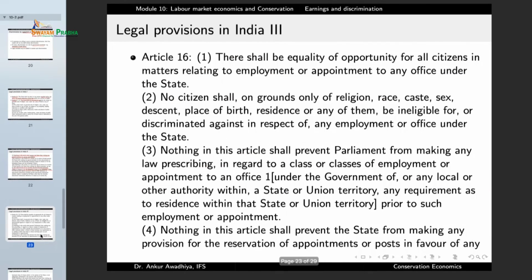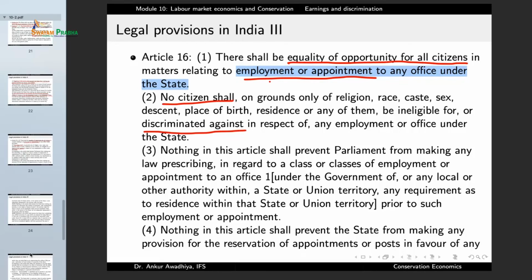The Constitution is also saying that there shall be an equality of opportunity for all the citizens in matters related to employment or appointment to any office. The Constitution is also saying that no citizen shall get discriminated against because of these factors.